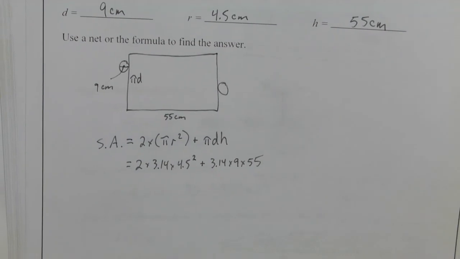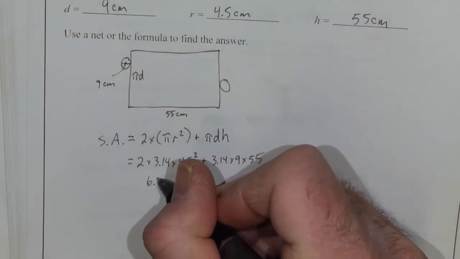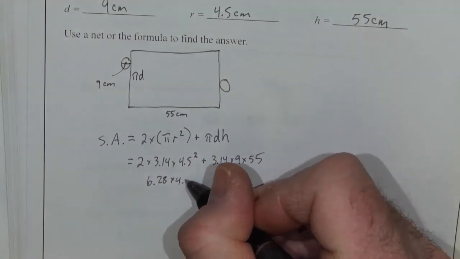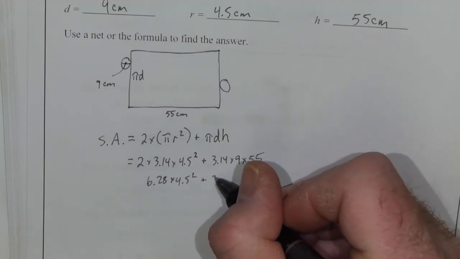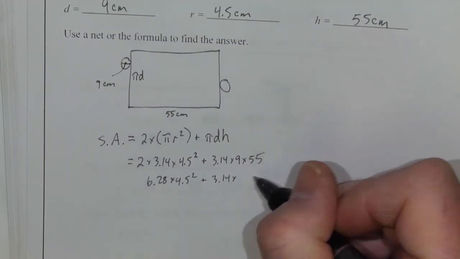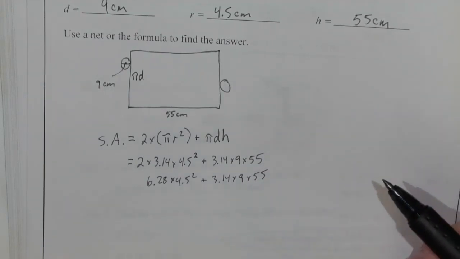So those are the numbers we're working with. So 2 times 3.14 is 6.28 times 4.5 squared plus 3.14 times 9 times 55. I'll just do one calculation at a time here.